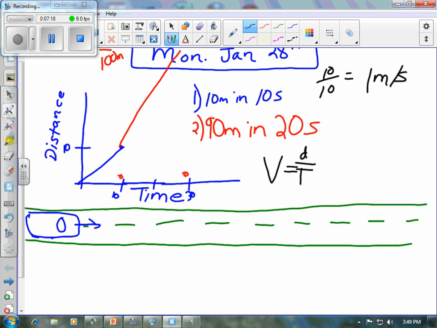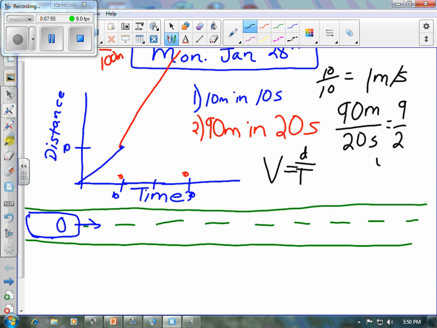The second part, what do we got, Michael? How do I figure out the velocity in the second part? Distance divided by time. Okay. So that would be 90 meters, right? Divided by 20 seconds, or 9 halves.